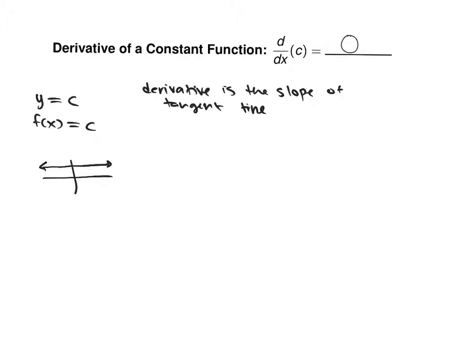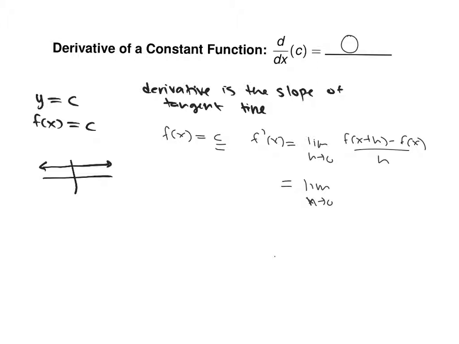The other way you could do it is you could say, if we had f of x equal c, the technical definition is that f prime of x is the limit as h goes to 0 of f of x plus h minus f of x all over h. You take this c function, h to 0, and you plug x plus h in.